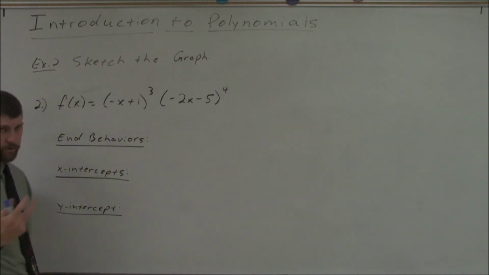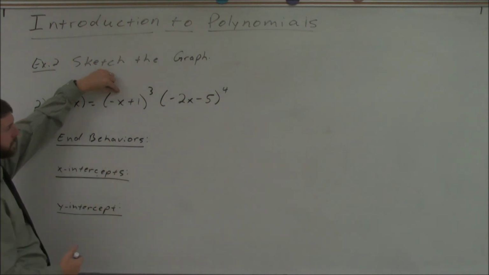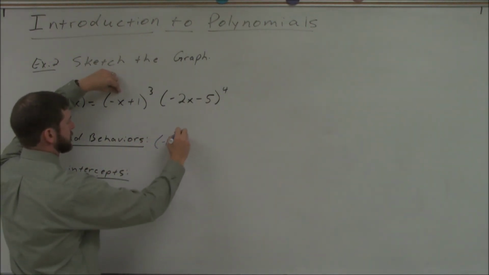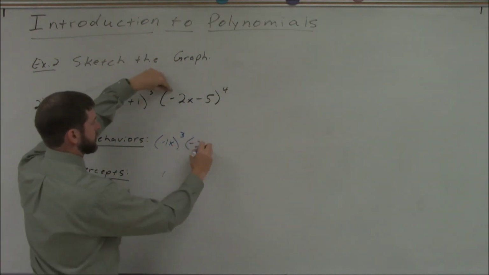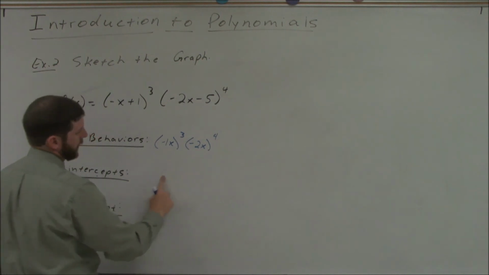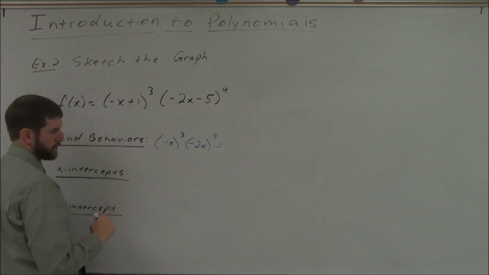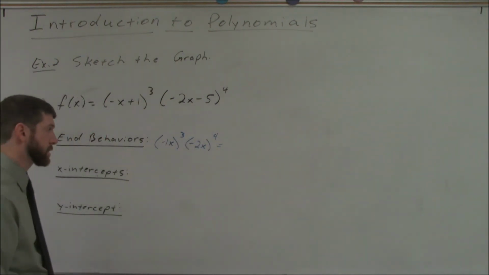So in behaviors, first thing I do is I'm going to put all my lead coefficients together to get the overall lead coefficient. So negative 1x to the 3rd power, negative 2x to the 4th power. So when I go through and do that math, negative 1 to the 3rd is negative 1. Negative 2 to the 4th is 16.